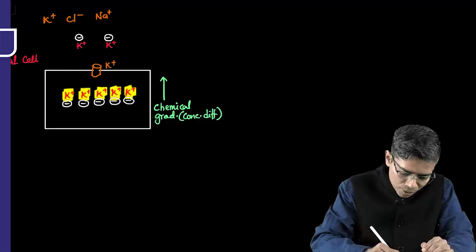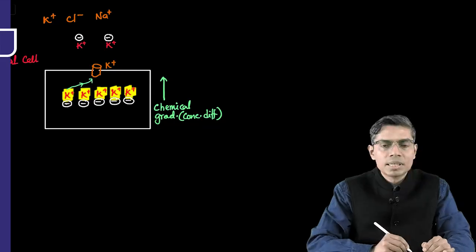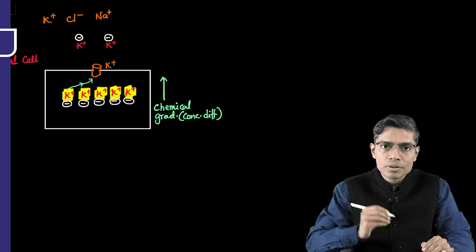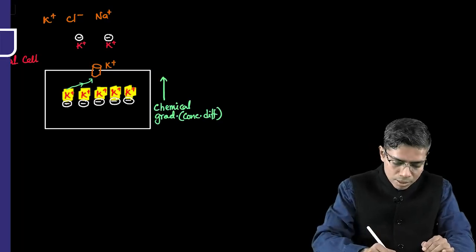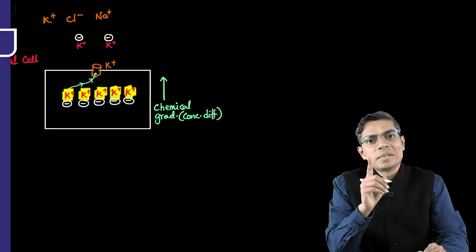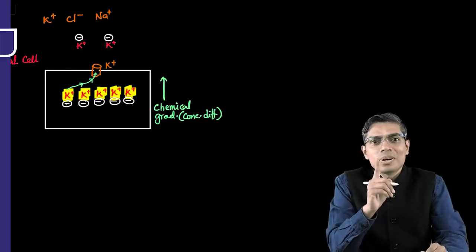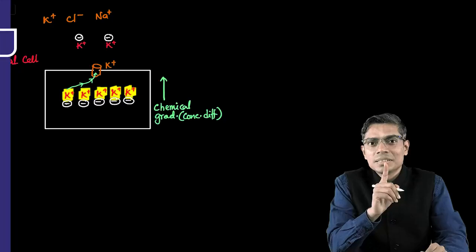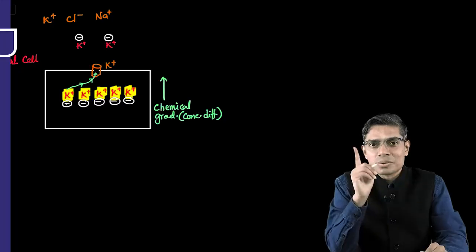So now the potassium is trying to move. Potassium is going towards the channel, but it is not moving alone, couple. So it is moving along with a corresponding negative charge. But whenever it is reaching the gate of this channel, this gate is very selective. It will allow only the potassium. It will not allow the corresponding negative charge to pass through.